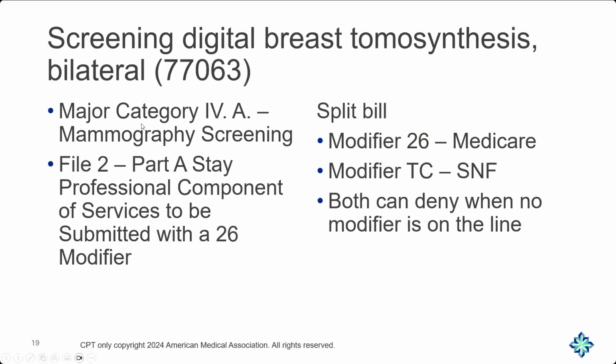Well, the split bill code means that you bill under major category 4A, the mammography service, but under major category 2 or under file 2, you bill the professional component. So again, we have to look at it, modifier 26 to Medicare, modifier TC to the SNF, appropriately billing it, appropriately breaking the fee down, and then go from there.